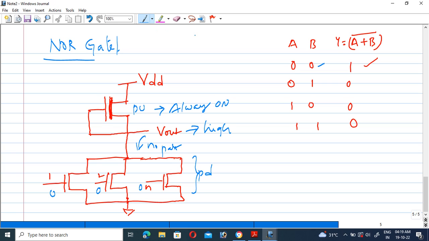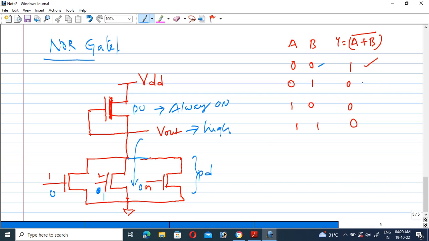Suppose any one of the inputs of the corresponding gates is in high condition. That means if you apply any one of the inputs as the value one, at that time one transistor is going to be short circuit. Therefore the path will take place in this direction, and the output is equal to 0.